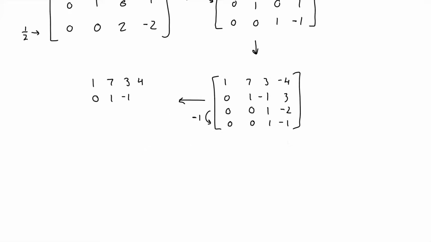The first three rows stay the same. And the last row becomes -1 times 1 is -1 plus 1 is 0. And -1 times -2 is +2 plus -1 is 1. So now this is our matrix in row echelon form.